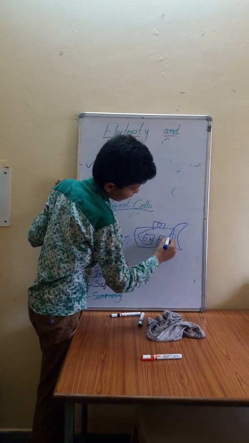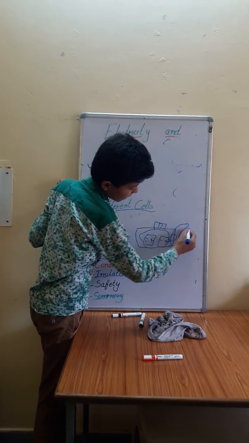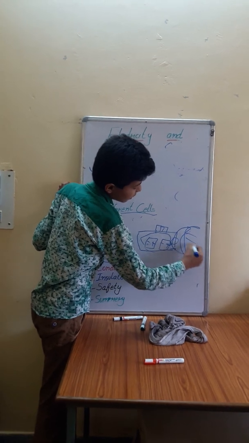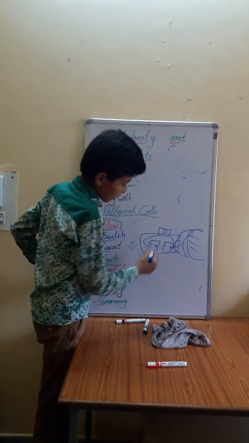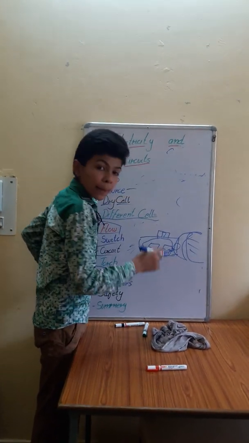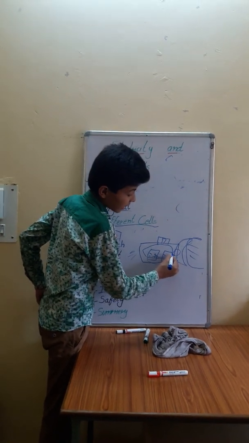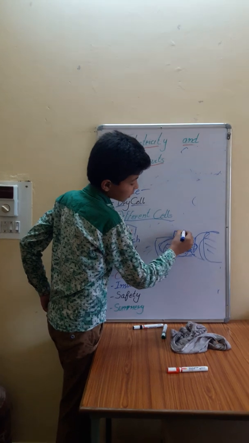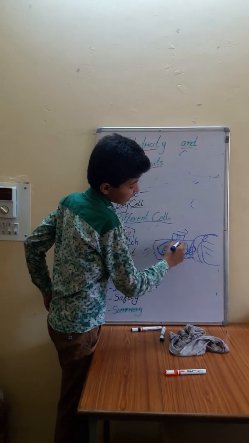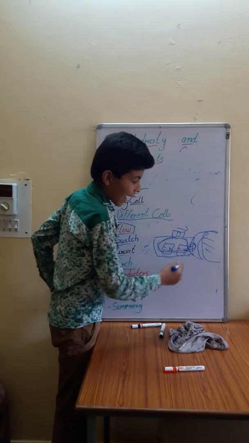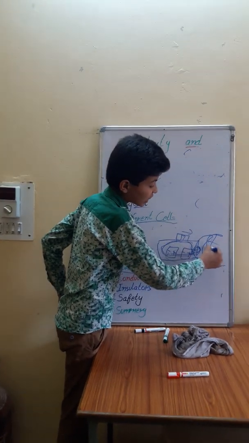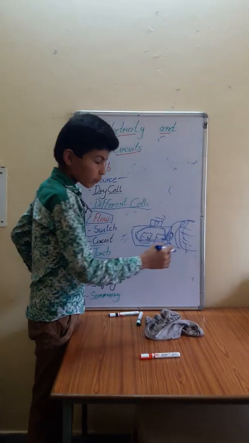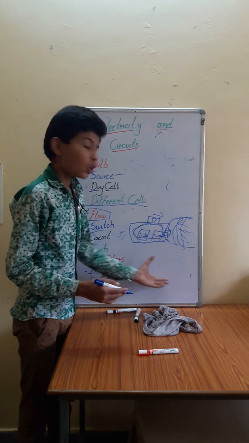Here it has a bulb and there is a reflector. So what happens? The cells produce electricity and it is transferred onward. If the switch is kept in the on position, the current can pass through here and go there. Here is the reflector which reflects the light. So this is how a torch works.